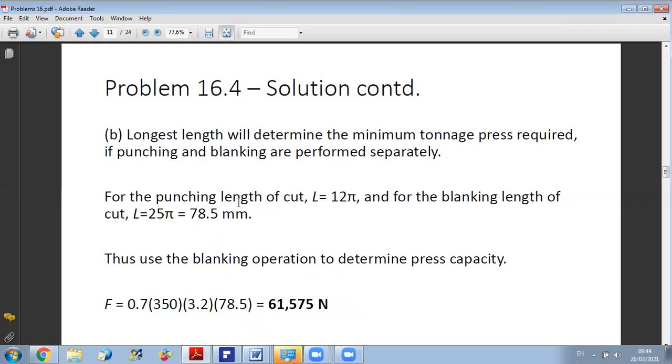And of course, the blanking length of cut is higher. It is pi times the outer diameter, because the outer is higher than the inner. So the press capacity in this case will be determined by the blanking operation.